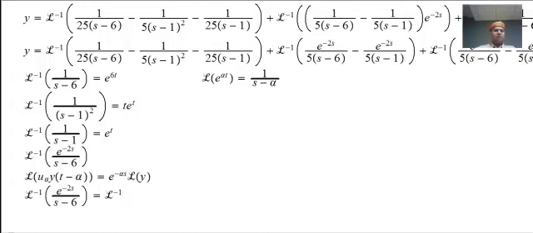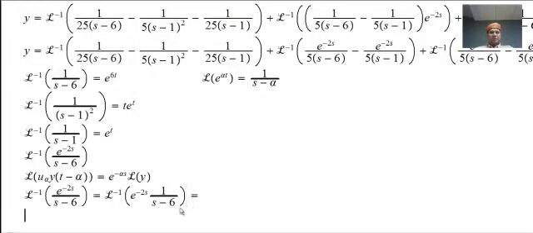So there we go. Then we have e to the negative 2s, right, times 1 over s minus 6, right? Am I clear? Salim, are we good, sir?